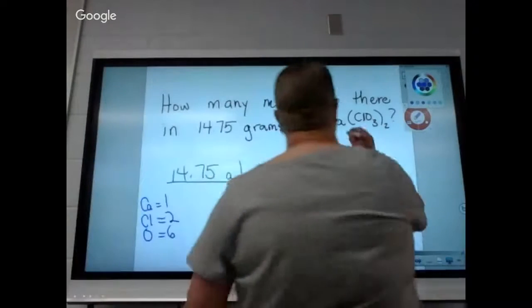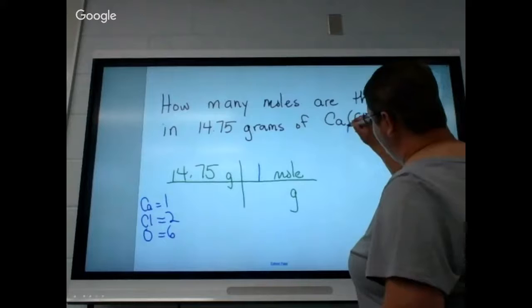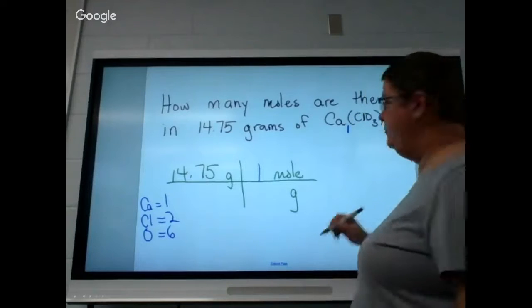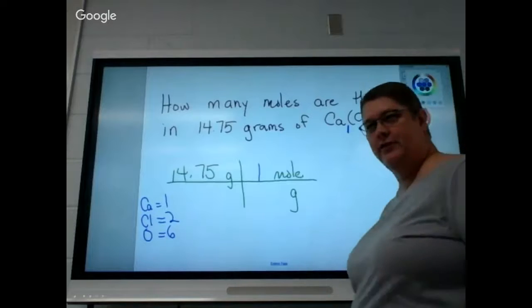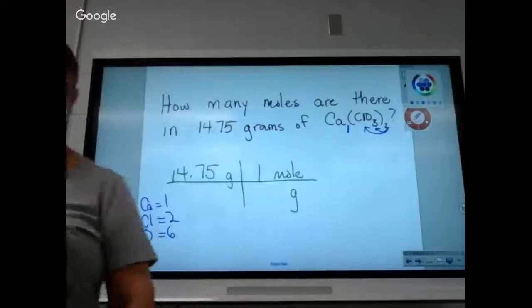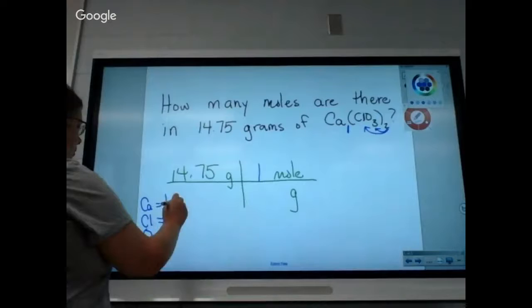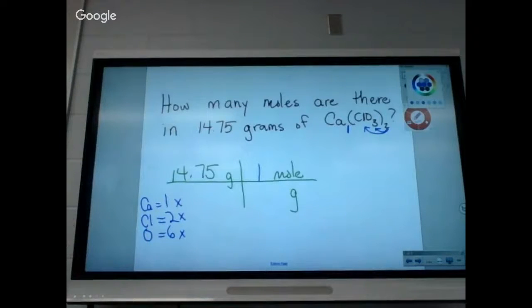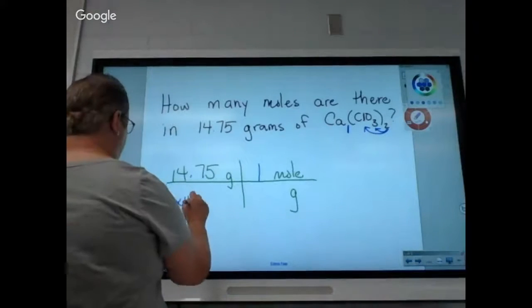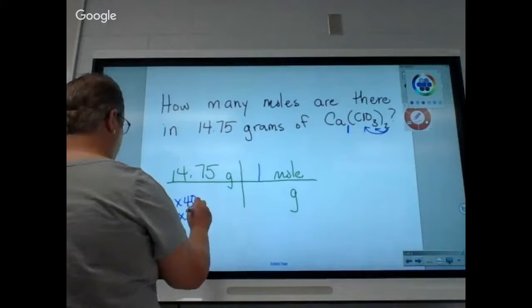So over here, okay, there's 1 calcium. There's 2 chlorines. There's 6 oxygens. You with us? Okay. So, where do I get the masses? You're going to look on the periodic table, right? All right. Ms. Wall's going to cheat a little bit here. 40, 35.4, 16.